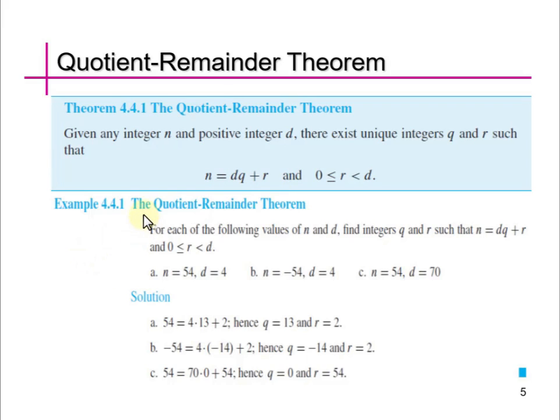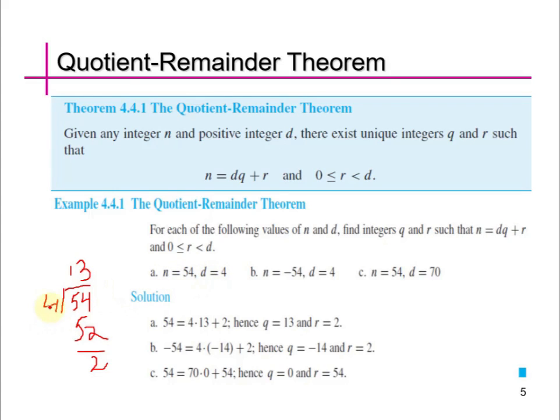In this example we see how we relate an integer n and any positive integer d. So first see that n is equal to 54 and d is equal to 4. So how do we relate them and find q and r? We just simply divide it.